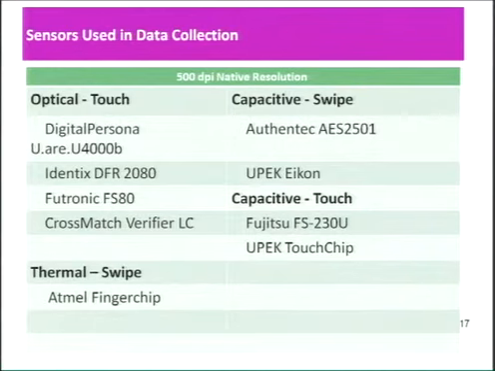There were 2 fingerprint sensors that were of the capacitive swipe type, and for all laptops that come equipped with fingerprint sensors, the technology that they use is capacitive swipe. And there were 2 other sensors that were of capacitive touch type. So the idea was to have sensors that would fall into 3 different categories for the variations and distortions: the interaction type, the technology type, and the different designs.